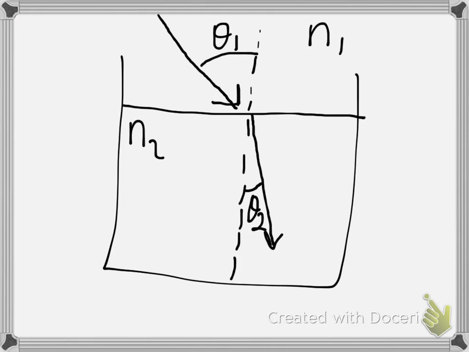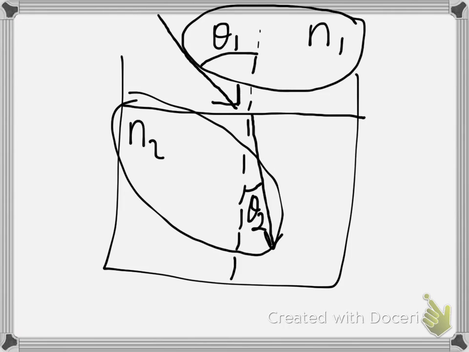But can we summarize or determine if there's a relationship between n1 and theta 1 and n2 and theta 2? And it turns out, yes, there is. Okay, so this is the law of refraction.